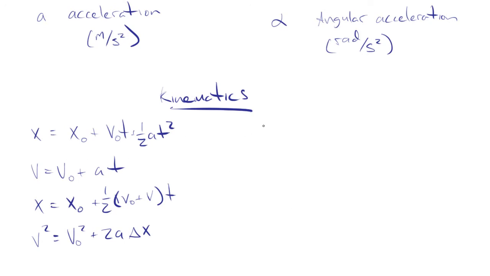As you might expect, the rotational equations look almost identical. We just swap out our characters. Instead of an x, we have a theta. Instead of v, we have omega. And instead of a, we have alpha. Going down the line, everything looks similar.